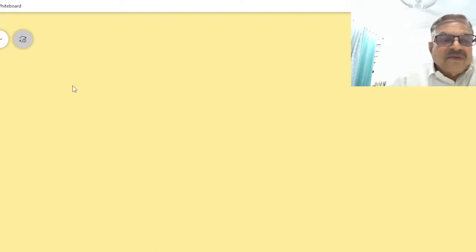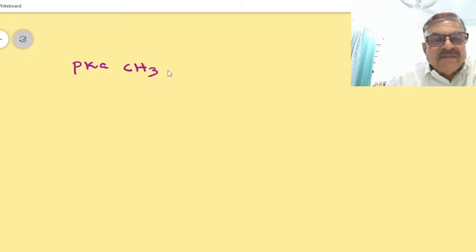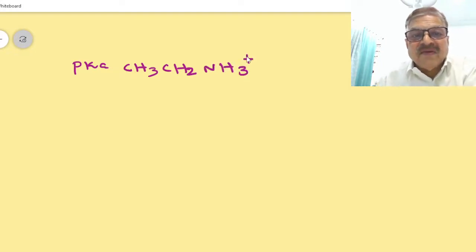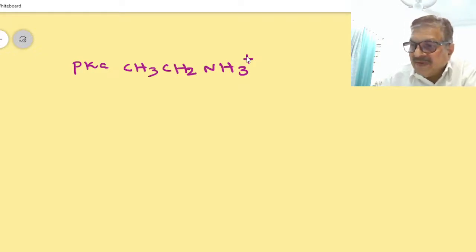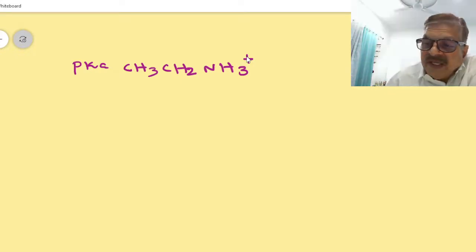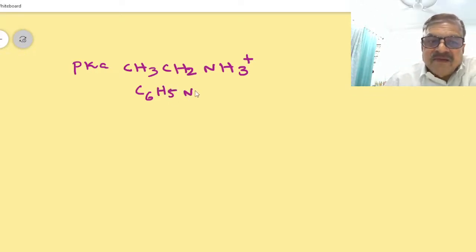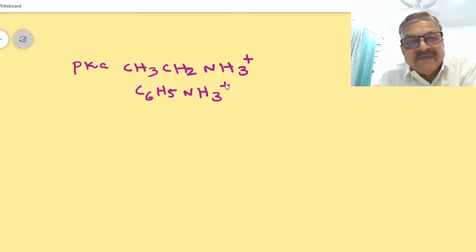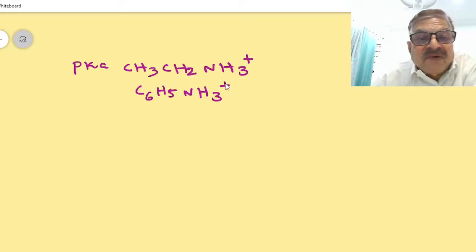The pKa value of CH3CH2NH3+, this is the conjugate acid of the base ethylamine, is higher than the pKa value of C6H5NH3+, the conjugate acid of aniline. Okay, the pKa value is higher in the case of this conjugate acid.